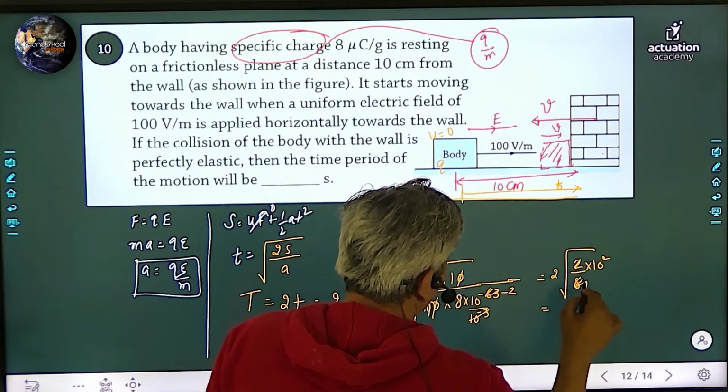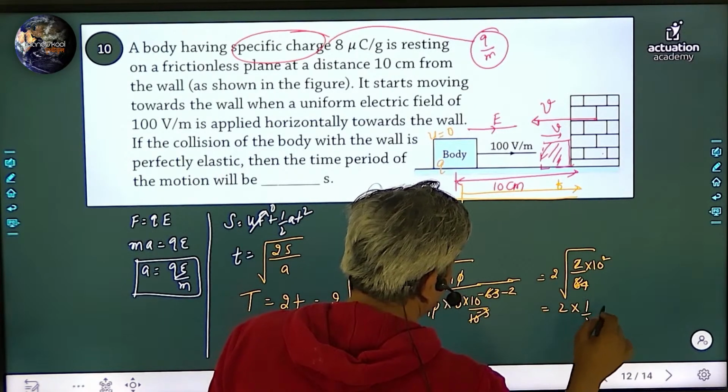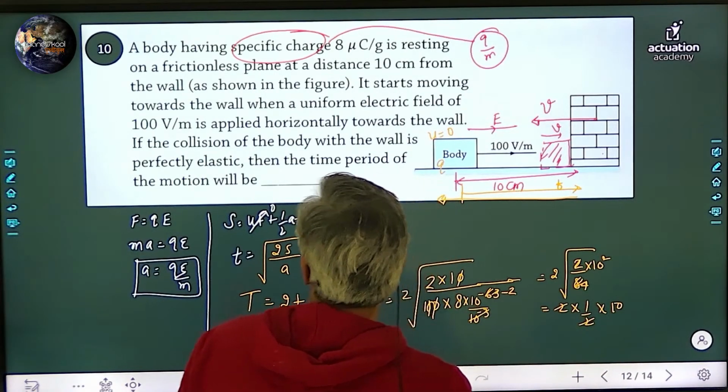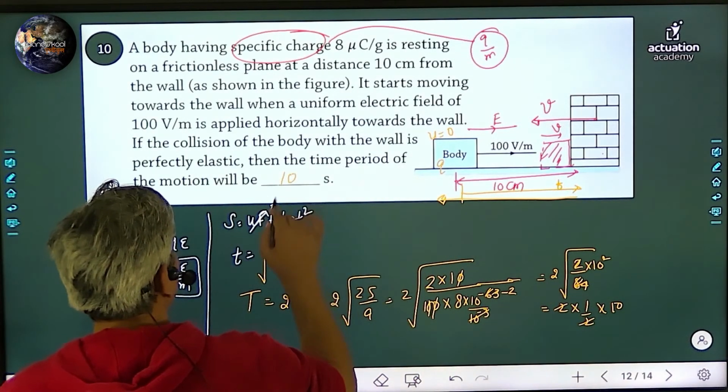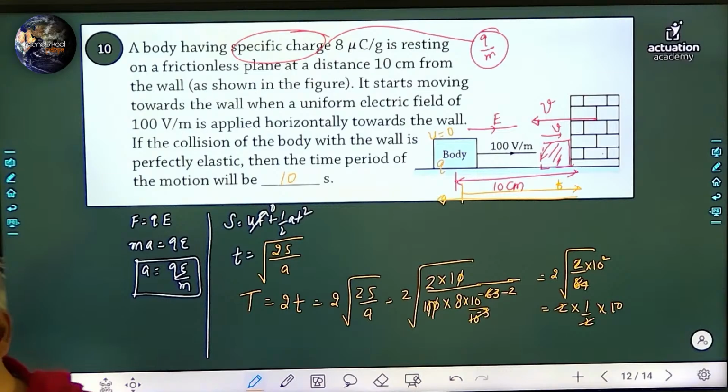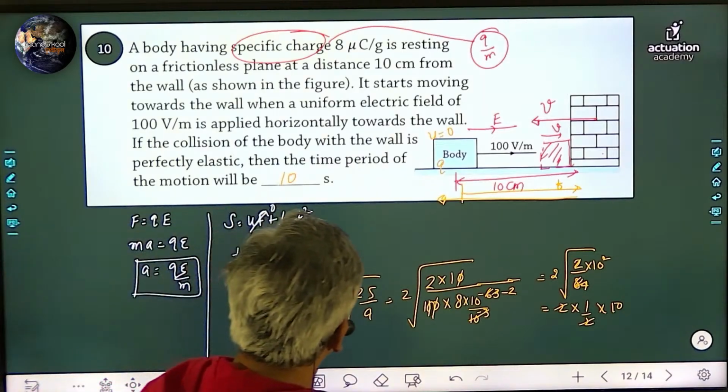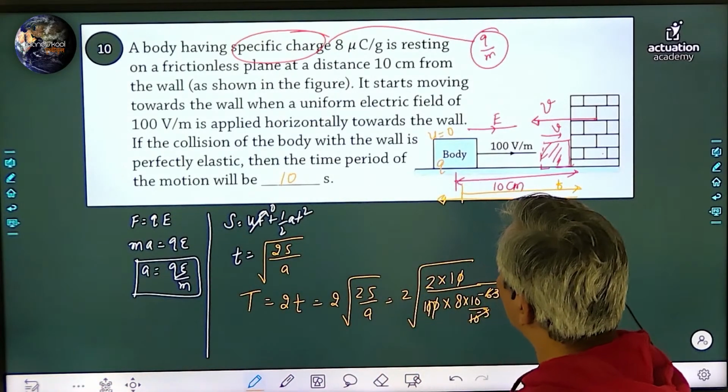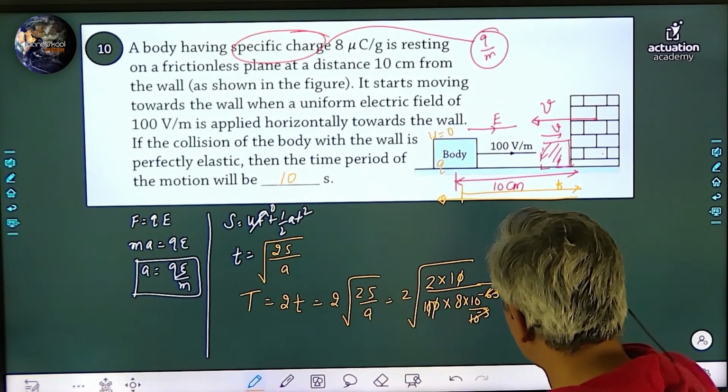This will become 4. So this is 10 seconds, as per my calculations.